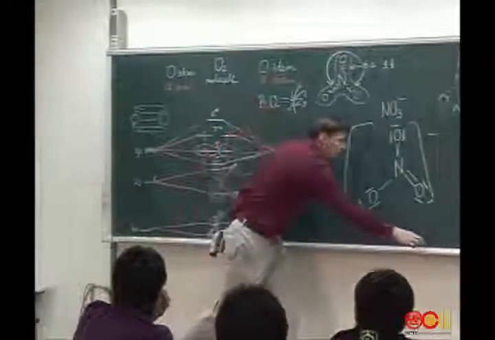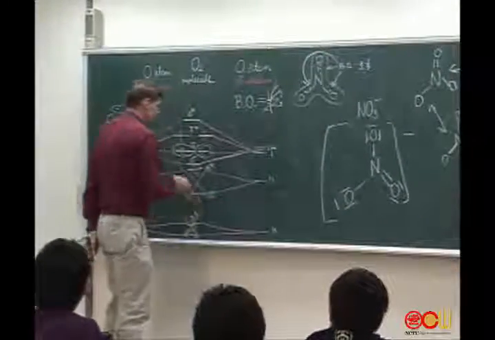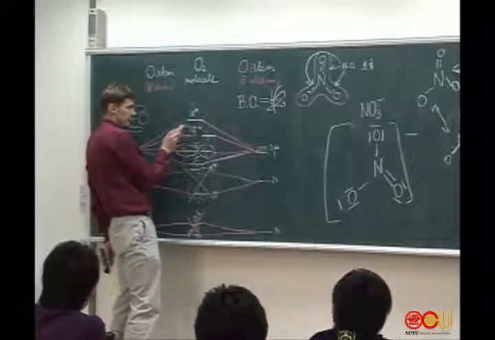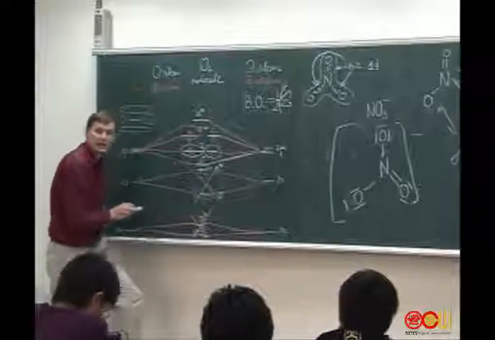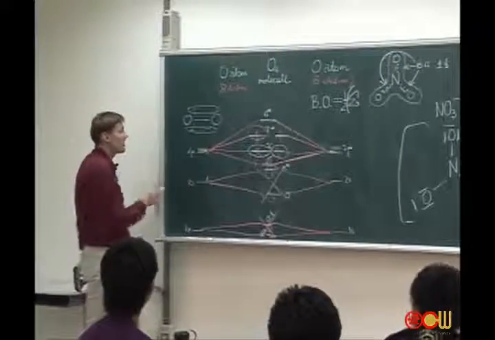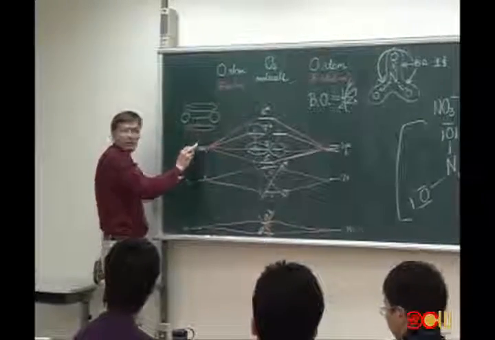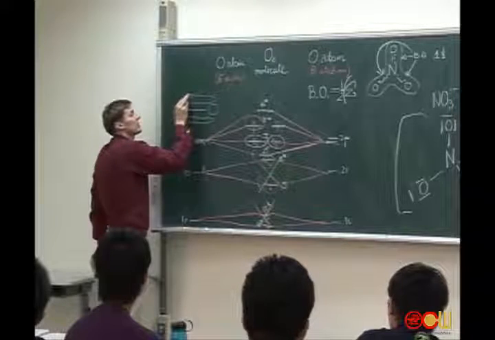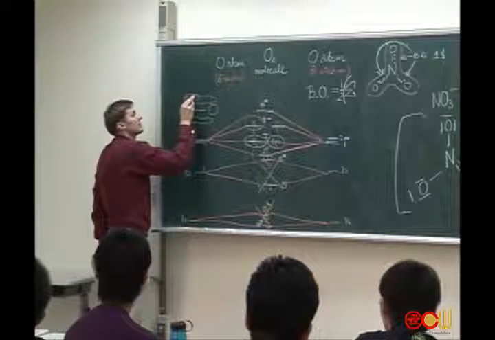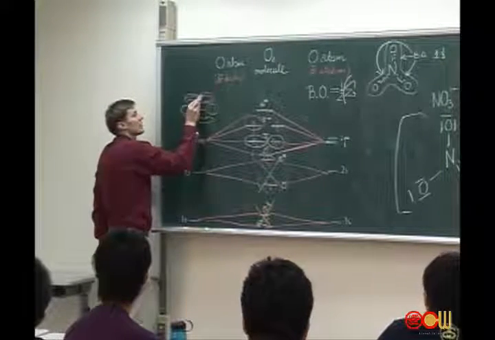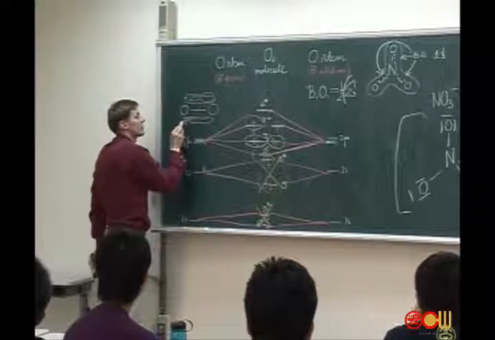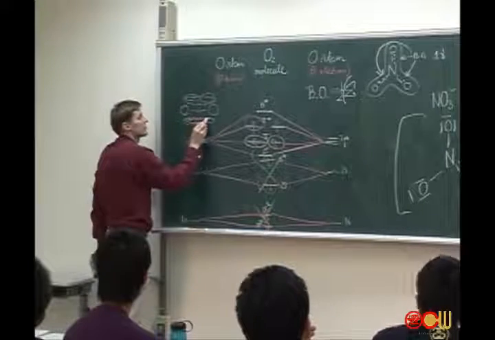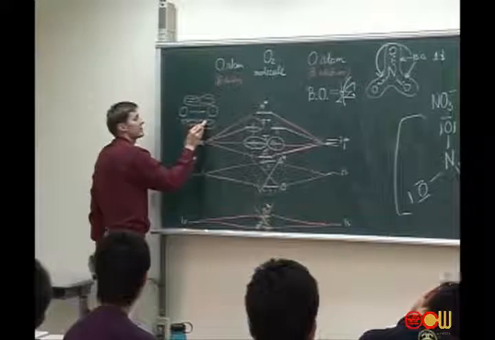Okay, but now we have this pi antibonding. We know that pi antibonding is changing sign between. It means that the pi antibonding will look something like that. Plus, minus, minus, plus.